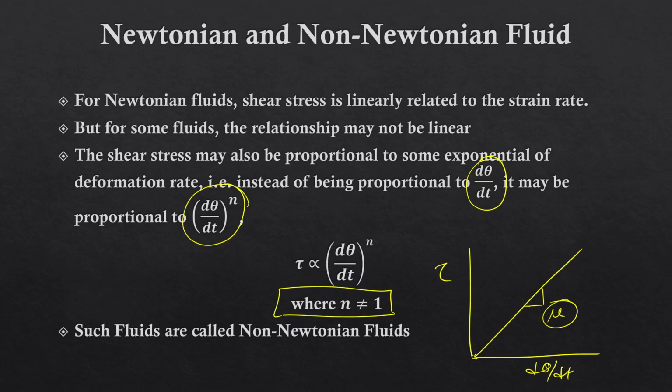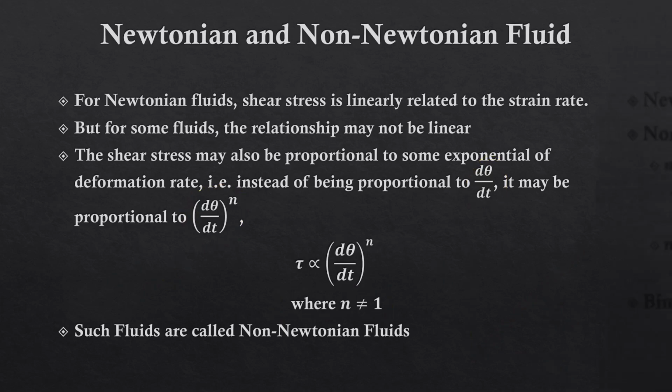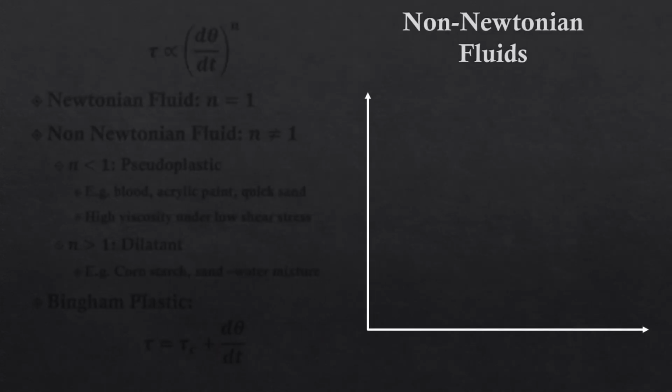One thing we have to remember is that n is always greater than 0. It cannot be negative. That means if shear stress increases, the strain rate cannot decrease. It will always increase, but the rate of increase will be somewhat different. It may not always be constant. We'll see how that turns out.